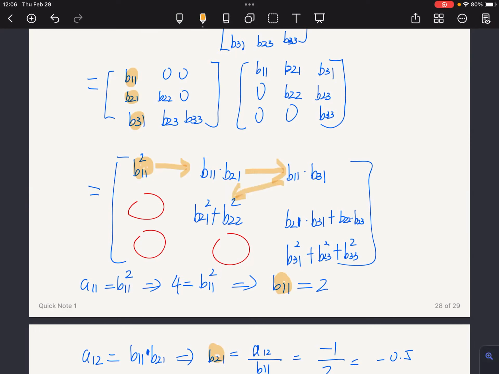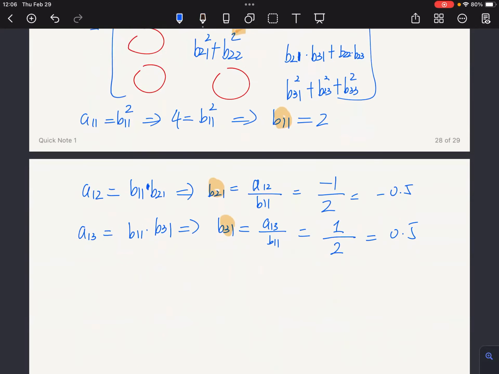So I'm going to compare this one: B21 square plus B22 square equals A22. Let's compare the values, and then we get B22 square equals A22 minus B21 square. To calculate B22, we need to take the square root.